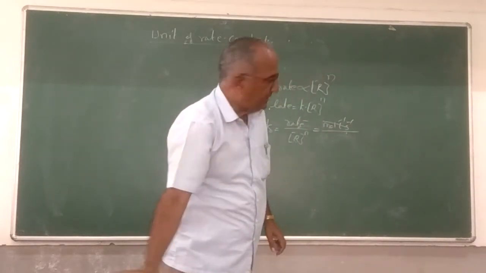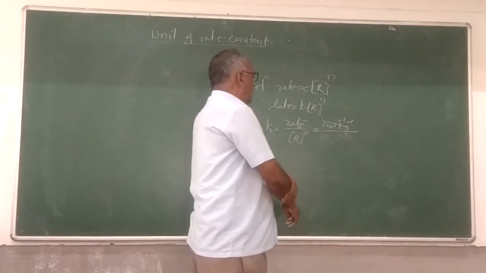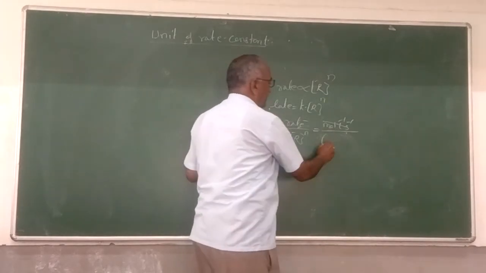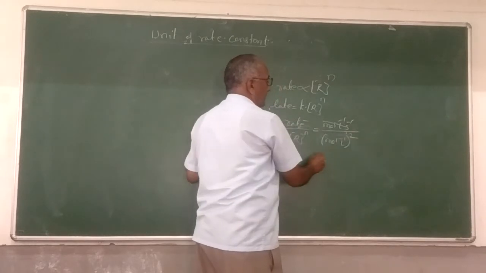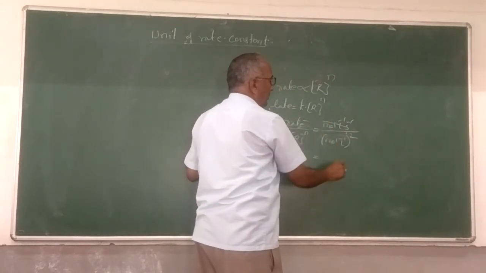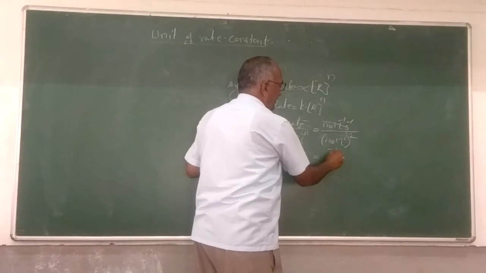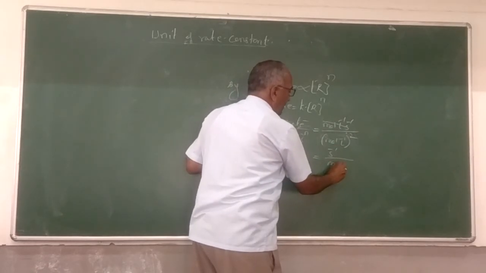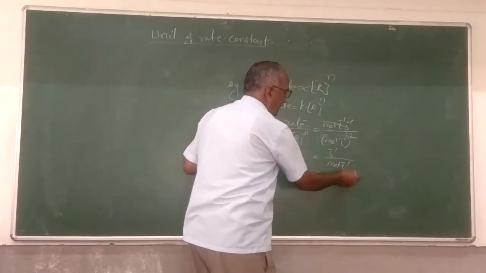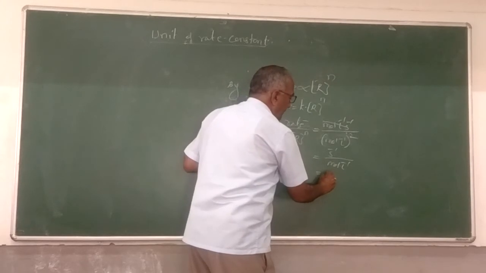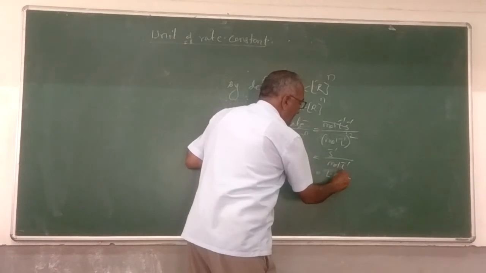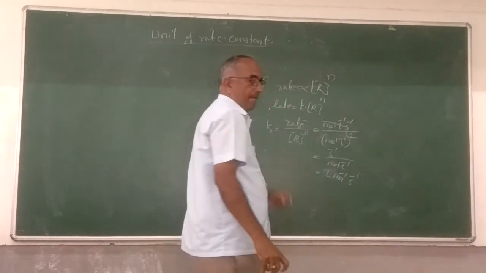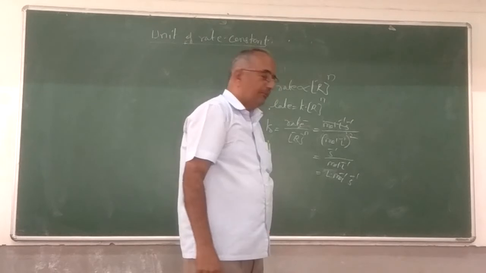If you consider the unit of rate constant for the second order reaction, put n equal to 2. Mole per liter gets cancelled, and what remains is per second per mole per liter, so it becomes liter per mole per second.